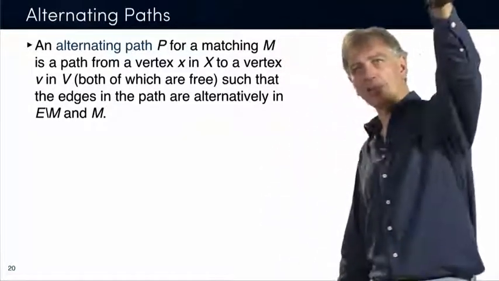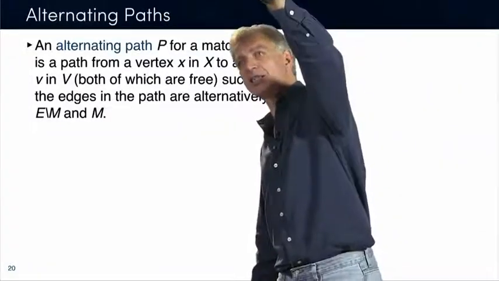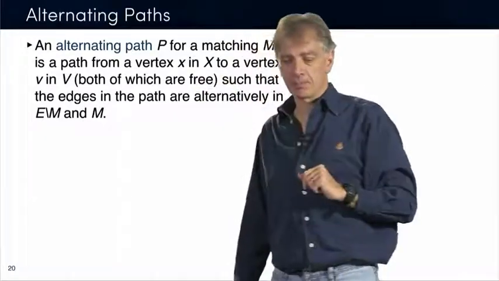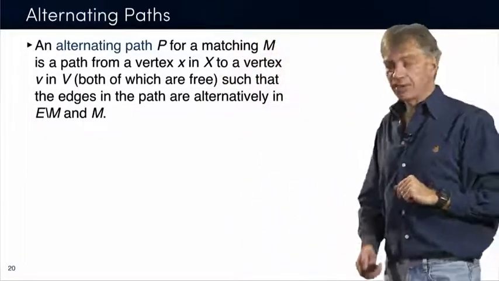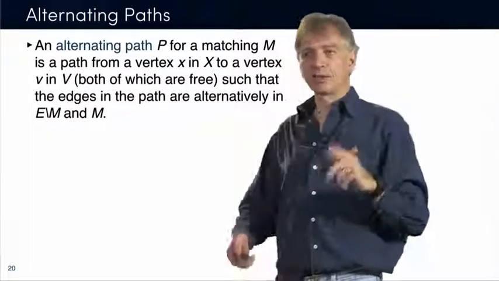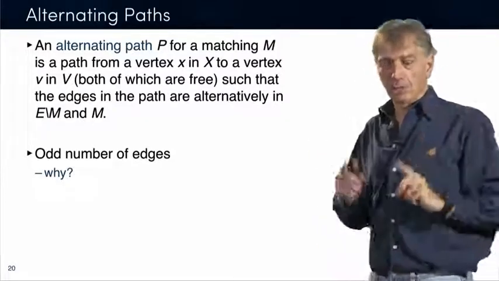So I start from X, take an edge which is not in the matching, go back to the top with an edge which is in the matching, and go to the bottom with an edge which is not in the matching, and so on, until I find that I can assign that particular variable to a value which is not taken by any other vertices.